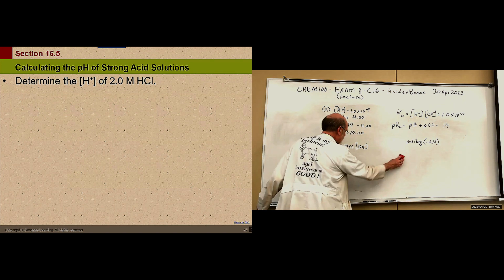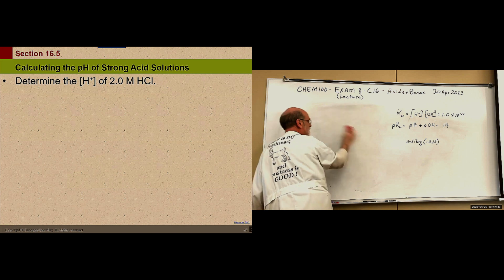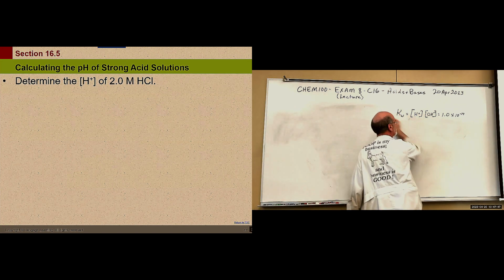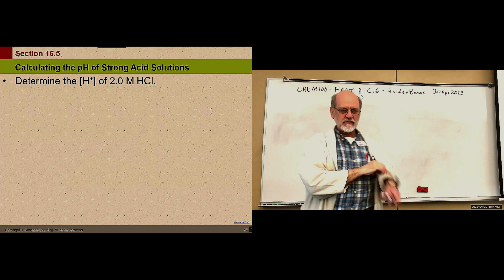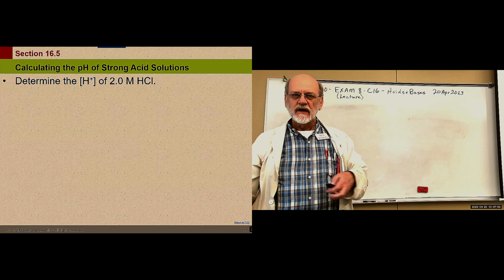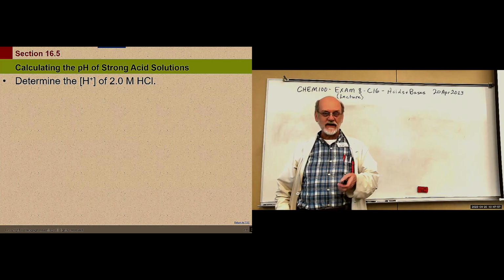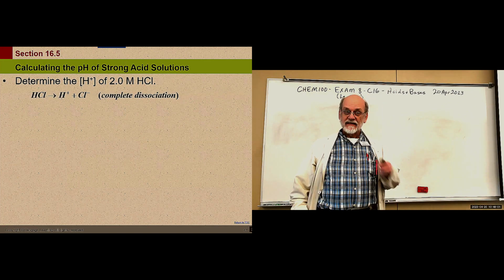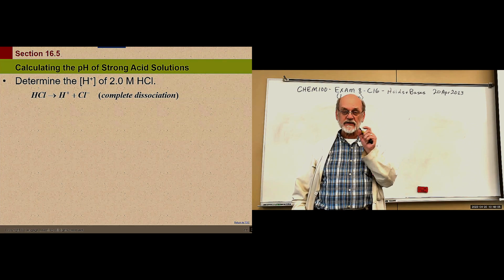So what if we have given to us the concentration of a strong acid? In this case, in the interest of time, since we're getting short on time, we have a hydrogen ion concentration of 2 molar HCl. That dissociates by this reaction to hydrogen ions and chloride ions.